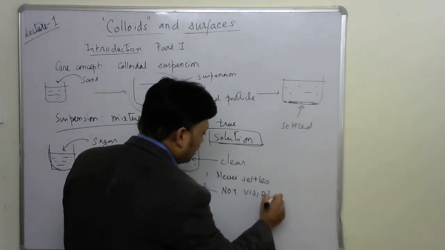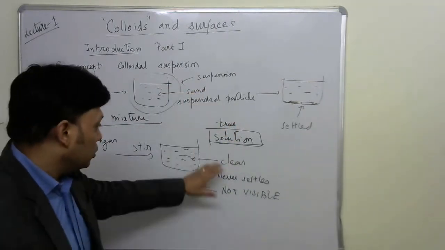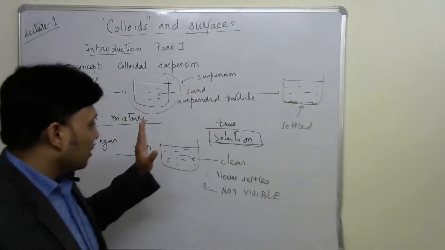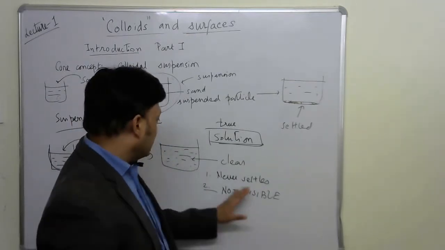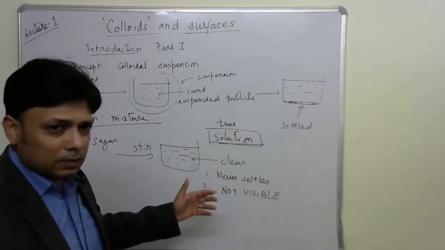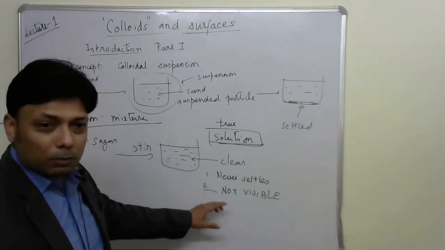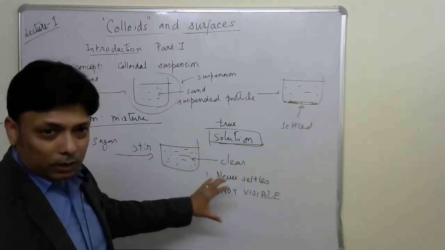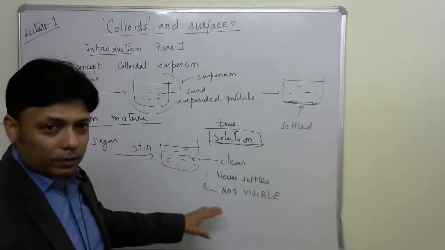Unlike the sand particles that we can see, these particles are not visible. And if you examine the solution by any means, by a microscope or something, you won't be able to see the solute particles. Or you can take a visual record of this.